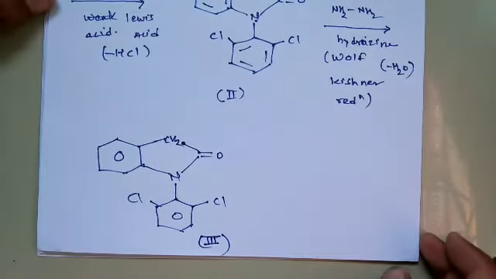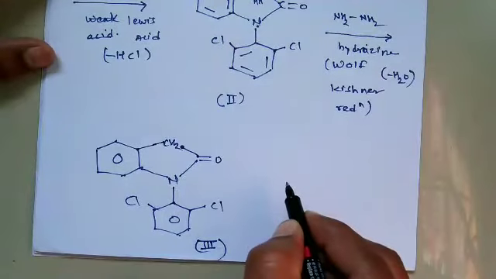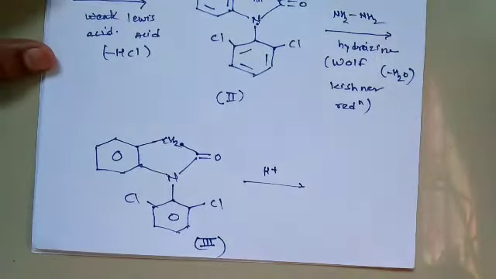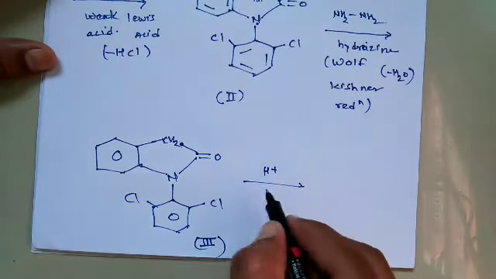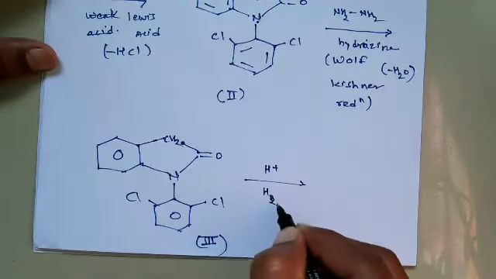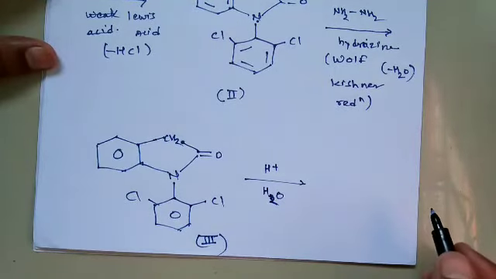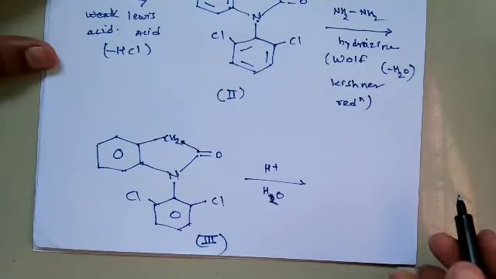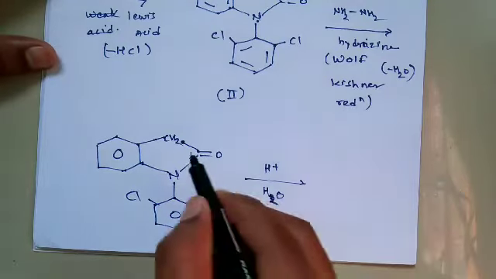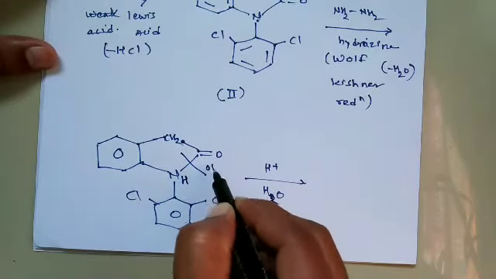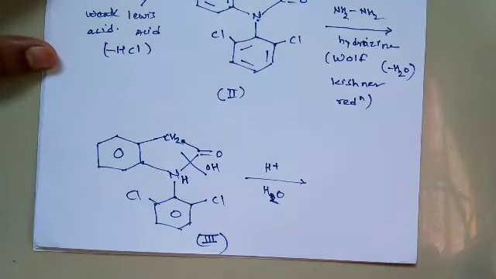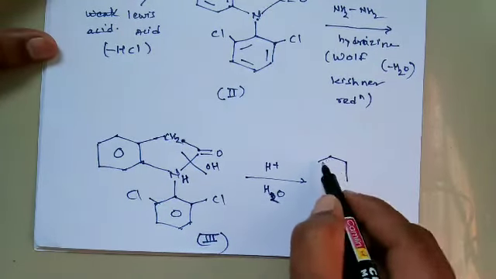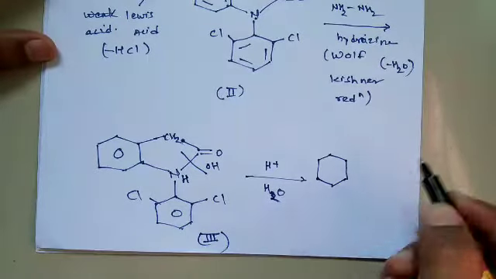The third intermediate is again treated with acidic condition. What is it? Acidic condition, that means acid hydrolysis takes place. Then you will get the last diclofenac molecule, that is after addition of water in the presence of acidic medium, then you will get the main product, that is diclofenac.